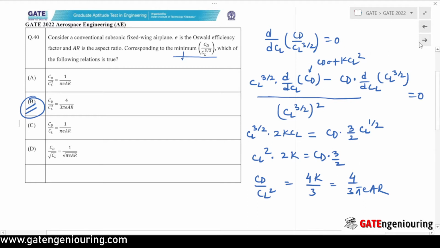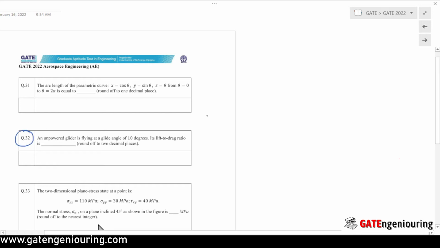Okay, apart from this, we look at question number 32, that is also from flight mechanics. An unpowered glider is flying at a glide angle of 10 degrees, and its lift to drag ratio is asked. We know that tan gamma is D upon L, or 1 upon L by D. So tan gamma means tan of 10.